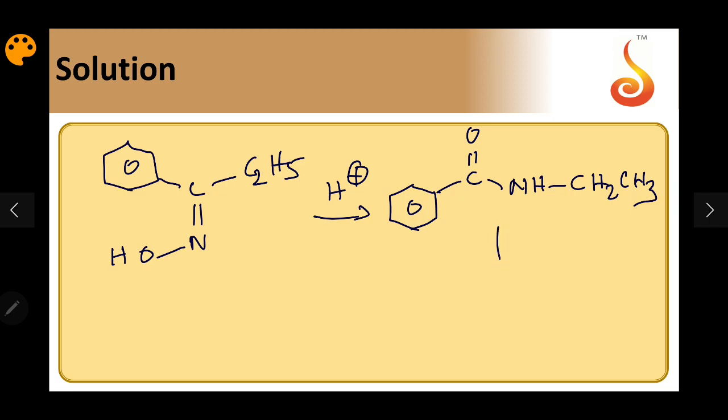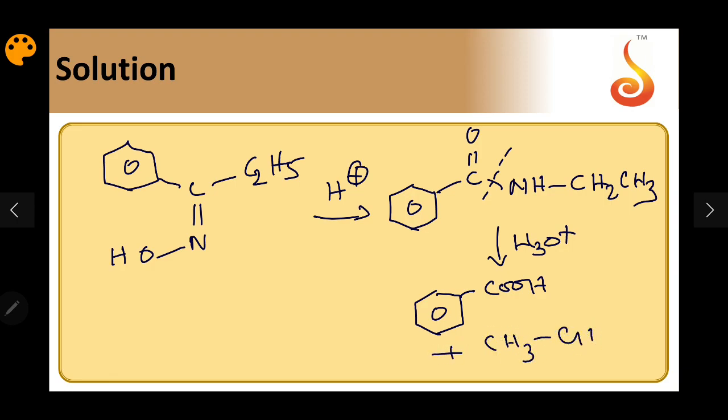Now on hydrolysis this will break. You get benzoic acid plus CH3CH2NH2. So ethylamine and benzoic acid are the products formed. So four products we got. One is benzoic acid and ethylamine. The other one is propanoic acid and aniline.